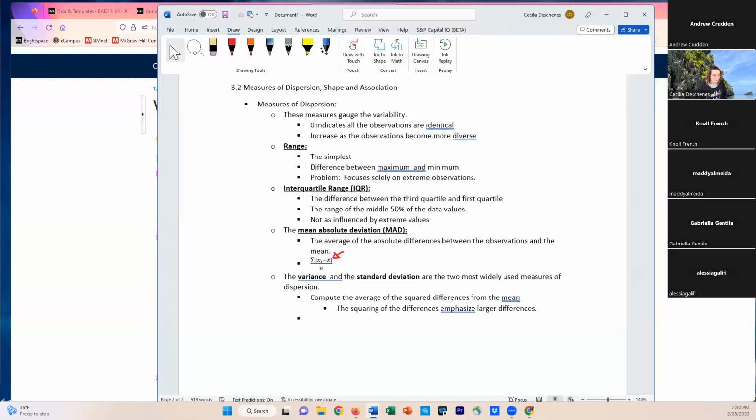So the population variance is denoted by sigma squared, and the population standard deviation is denoted just by sigma.